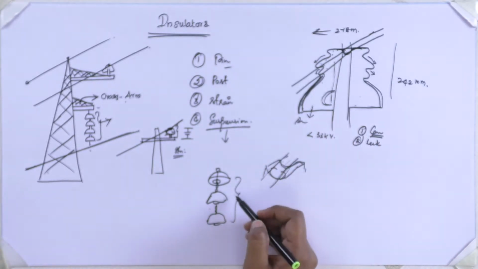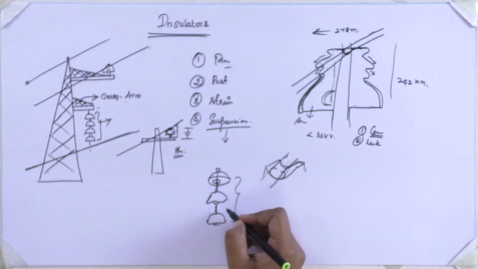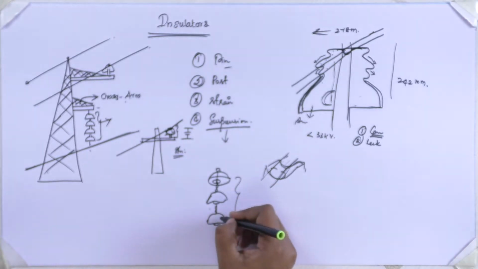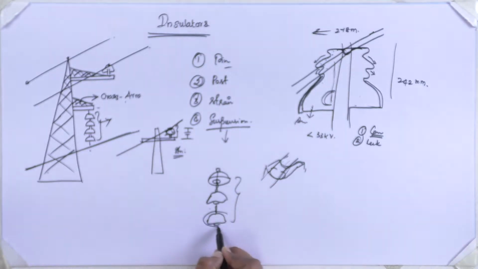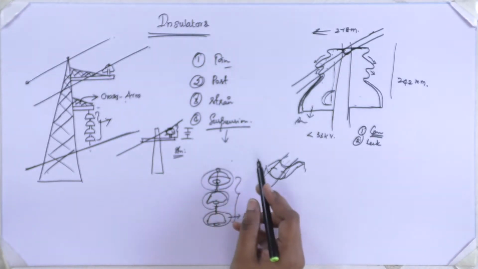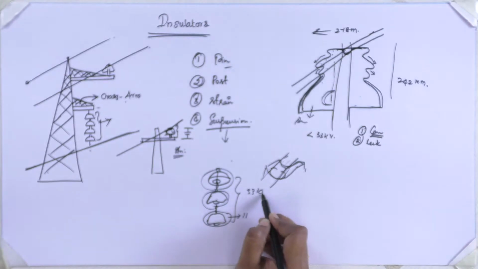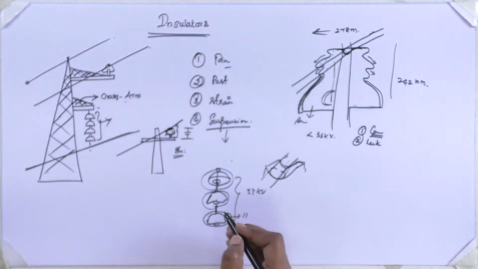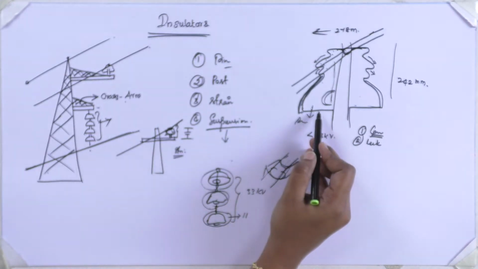So we go for the suspension type insulators. In these, one insulator is made for a very low voltage, say 11 kV, and if we keep tying the same voltage level insulators, 3 or 4 in number, we can achieve the desired voltage level without spending more time on the difficulty of the structure.